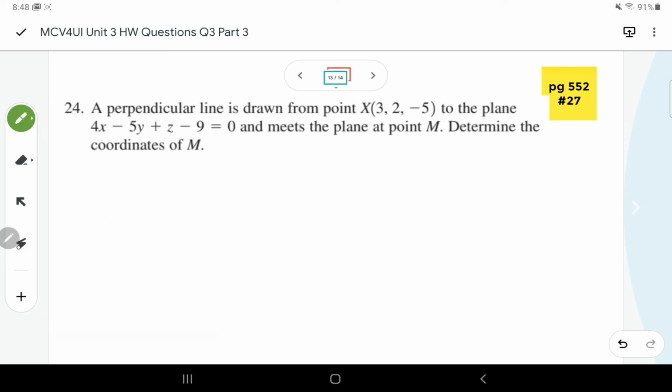So I have a plane here, and I have a point in space somewhere called x, and we're going to draw a line perpendicular to the plane, and that line is going to meet at point M. So I'm going to draw this line going down perpendicular to the plane, and somewhere on the plane is point M, and that's perpendicular.